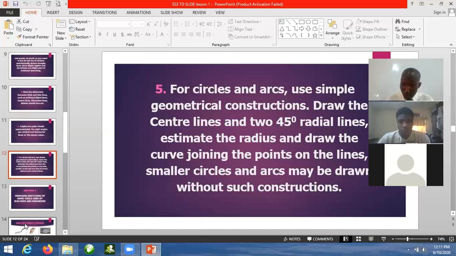That is the method of drawing geometrical constructions now. It says draw center lines and 45-degree radial lines. When you have to draw a circle using freehand sketch, it says draw a center line. You know how a center line is, right?